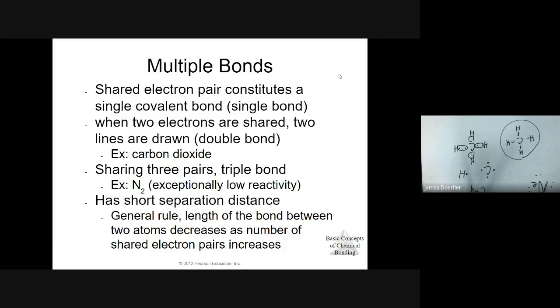If we just share one pair of electrons between the two, if I were to cover this up, or how about I do this? I'll cover this nitrogen up. Now how many electrons does that nitrogen actually have, if we count that one? 6.